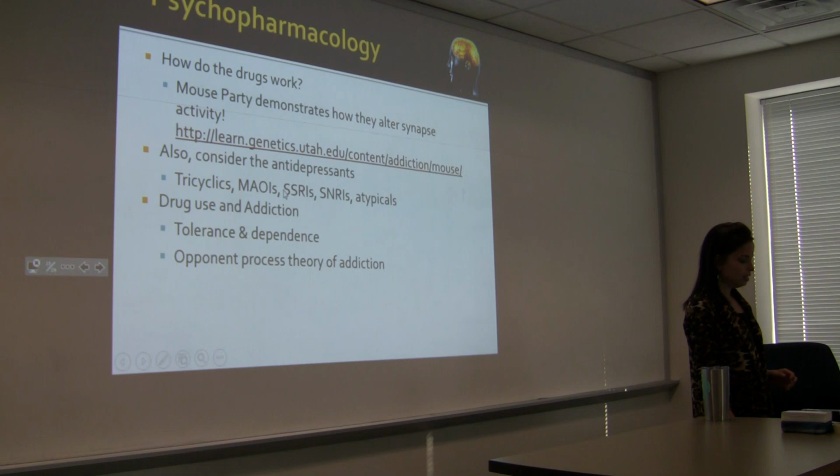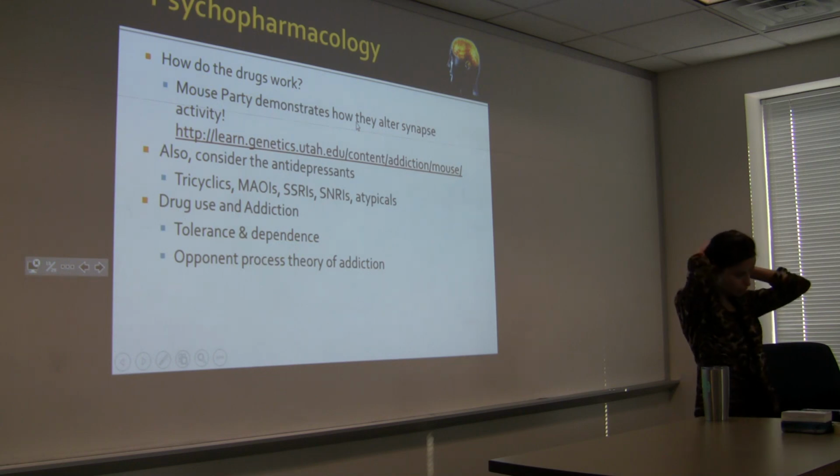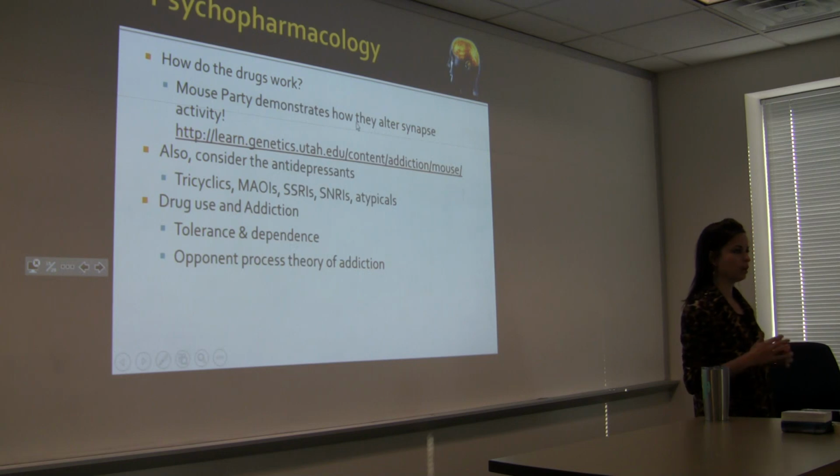There are tricyclics, monoamine oxidase inhibitors, selective serotonin reuptake inhibitors, selective norepinephrine reuptake inhibitors, and atypical antidepressants. So I would familiarize yourself at a basic level by just knowing what those different classes of antidepressants are.